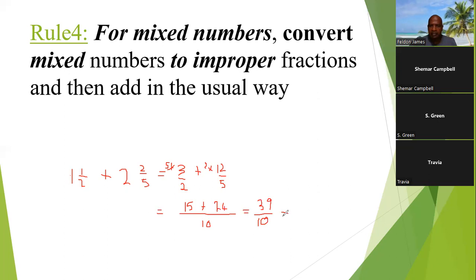Anybody else get that answer? All right, good. So that's what the answer works out to be when you convert that improper fraction. Is this clear how to add mixed numbers using this method?